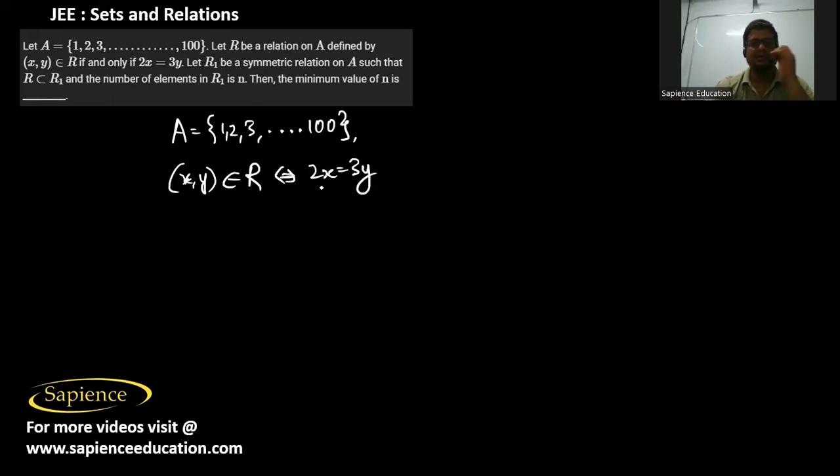Let R1 be a symmetric relation on A such that R is a subset of R1. Y equals 2x by 3.